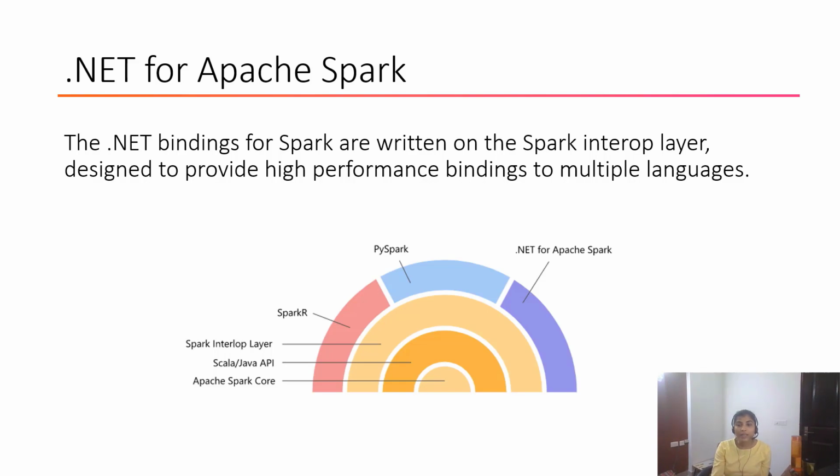So within the .NET APIs, you can access all aspects of Apache Spark, including Spark SQL for working with structured data and Spark streaming, right? This is written on top of Spark interop layer, designed to provide high performance binding.